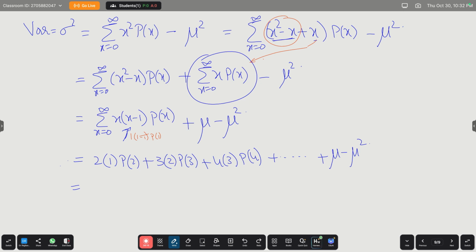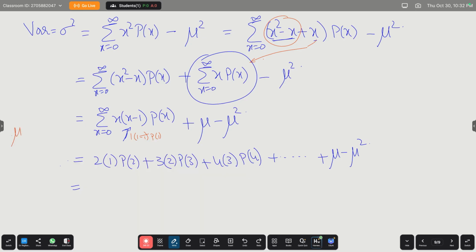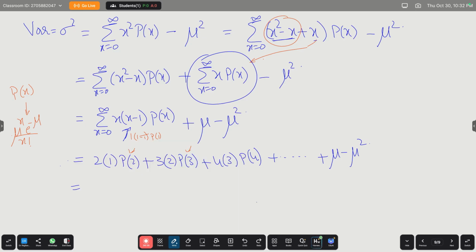So let me replace this piece by the probability mass function mu power x e power minus mu divided by x factorial. P of x is this. So I will replace x by 2 in the first term, x by 3 in the second term, x by 4 in the third term, and so on. So this will be 2 into 1, p of 2.